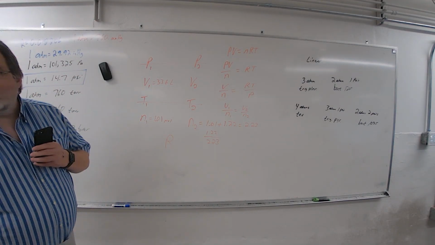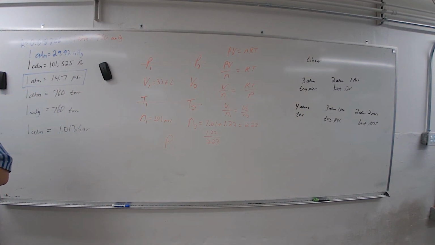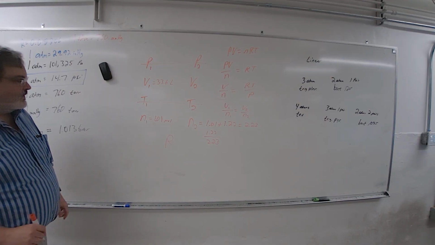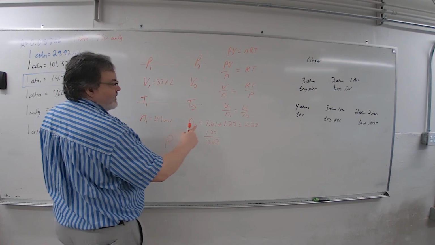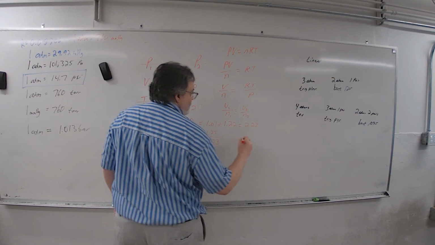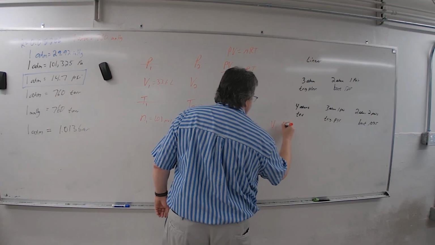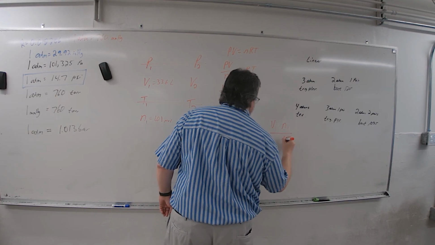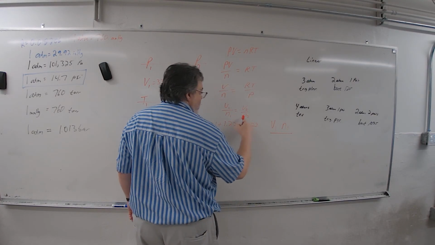You've got 3 out of 4 of those variables and you solve for the fourth. We're trying to solve for N2. So if I multiply both sides by N2, I'll have V1, N1, N2.